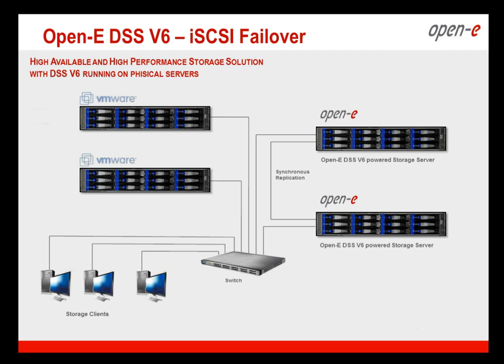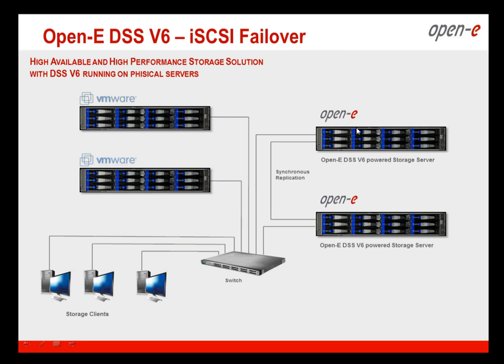a discussion about the setup. In the regular setup, you have mostly one or two or three. In our case, we just show two VMware hosts, and we need two servers to run Open-E DSS V6.